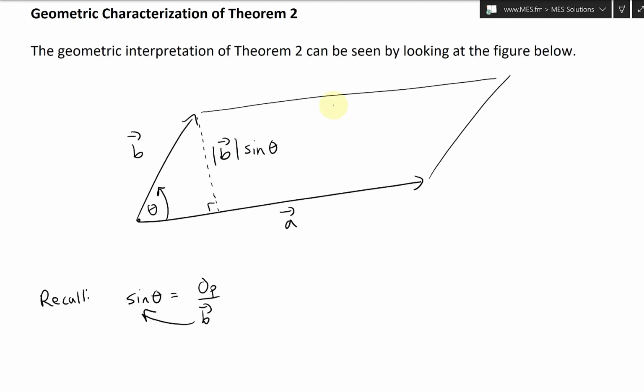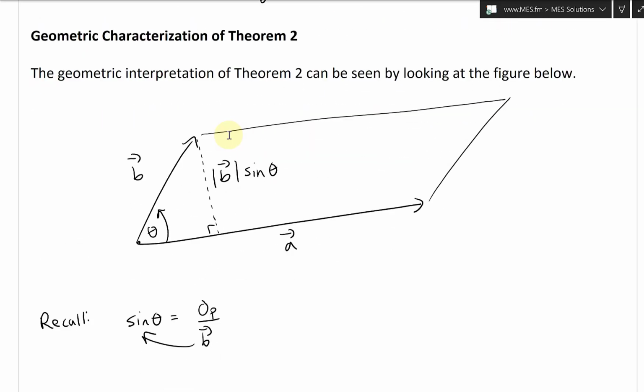You could view it as a rectangle that's shifted. So length times height is equal to the area of the virtual rectangle, or the stretched rectangle, or just the tilted rectangle or parallelogram over there.